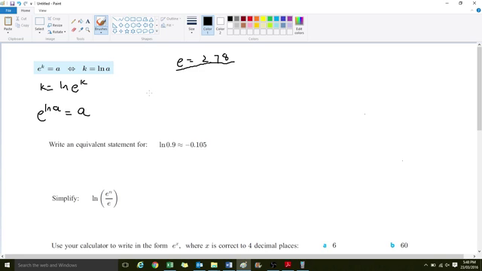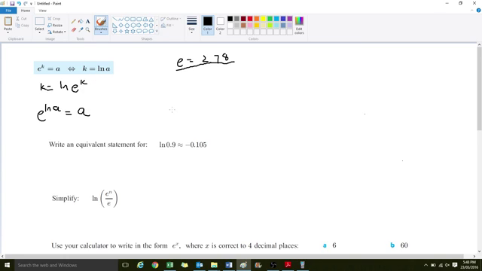So we have: write an equivalent statement for ln 0.9 is approximately equal to minus 0.105. So what that means is we're going to substitute this somehow and express it in terms of e. At the moment we have ln a is equal to k. So the other way we could express that is e to the power of k is equal to a.